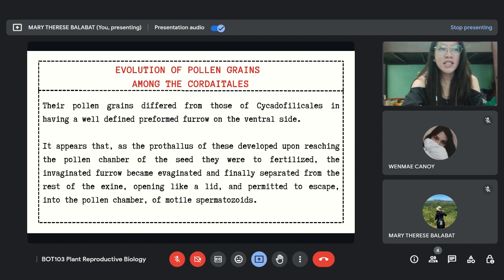Dayon, opening like a lid and then permitted to escape into the pollen chamber the motile spermatozoids. So these are fossil trees which lived in the Mesozoic period and were probably the precursors of our modern conifers.